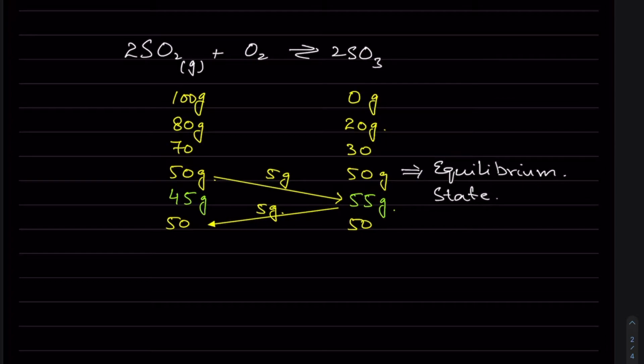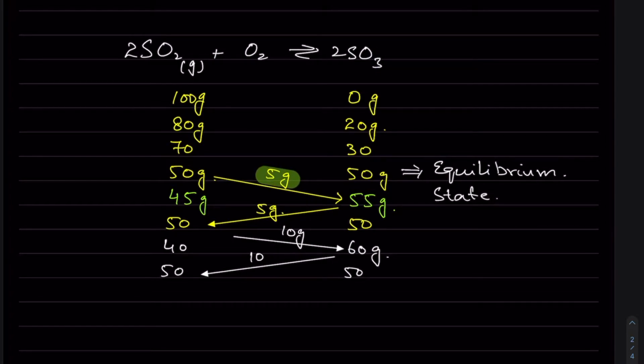At the next stage, let's suppose 60 gram of product is formed. It shows 10 gram of reactant reacted to form product. To establish equilibrium, again 10 grams of product will decompose. So if 5 gram of reactant is moving in the forward direction, the same amount of product will decompose.